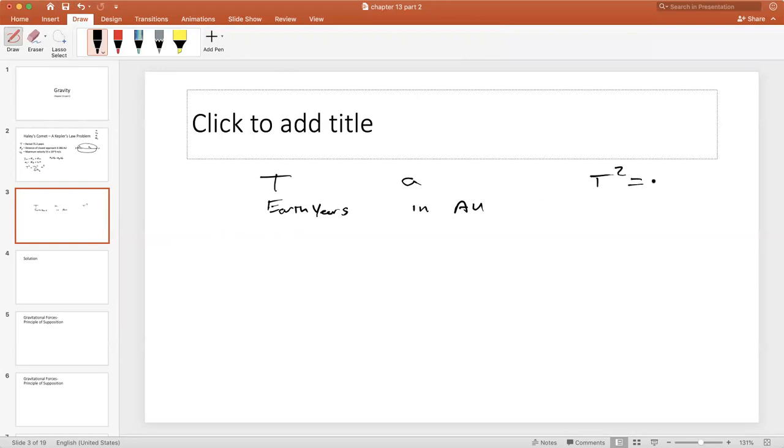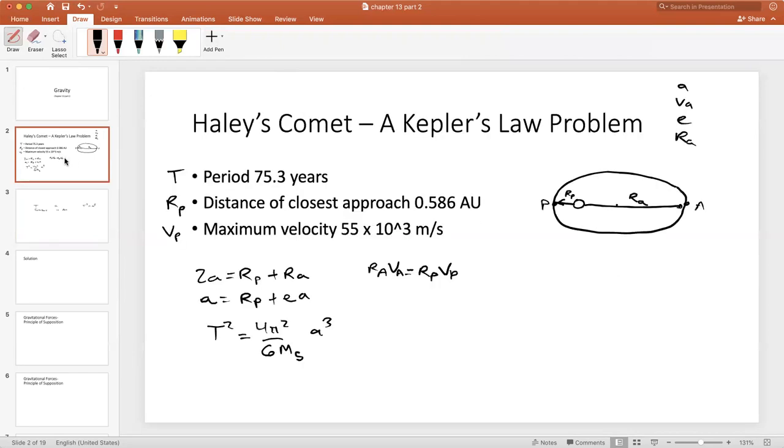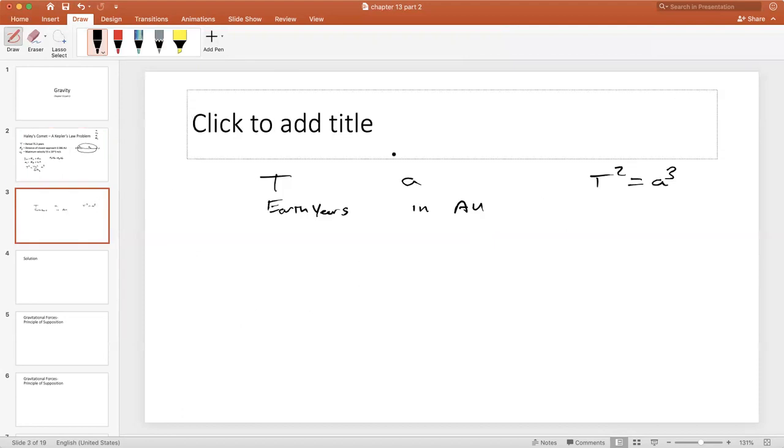Kepler's third law tells us this is true if T is in Earth years and A is in AU. So let's find A. If T is 75.3 years, we get that 75.3 squared is equal to A to the third.